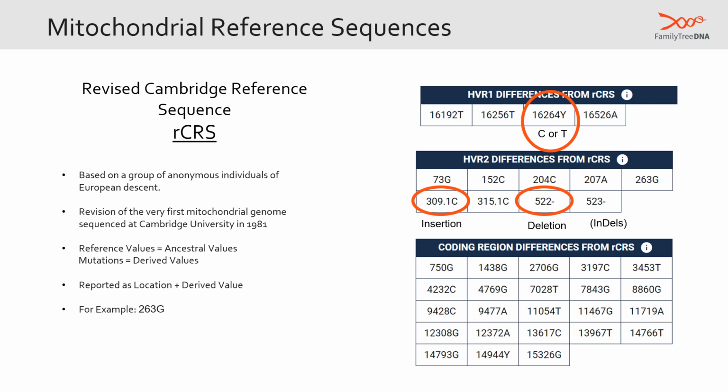So for example, we're able to compare the mutations that we see in a European population as opposed to an Asian population, track those differences, and then be able to see to some degree how those two groups split apart. Because when they split apart, they took their mutations with them and they started developing their own unique mutations. And when we look at all of these different mutations together, we're able to trace together migratory routes called haplogroups.